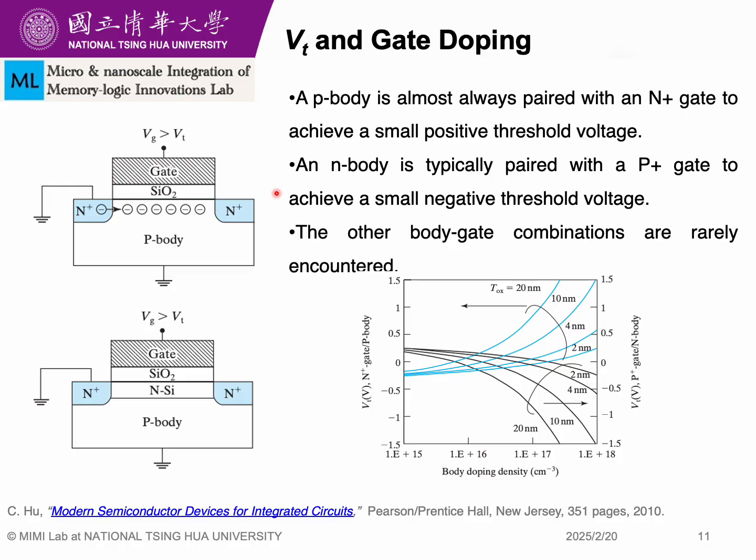The required voltage will be too high, maybe greater than 1 volt. We do not want that. So to obtain proper Vt, the substrate and the gate doping should match. By match I mean that p-body should be paired with N plus and N body should be paired with P plus, not the other way around.